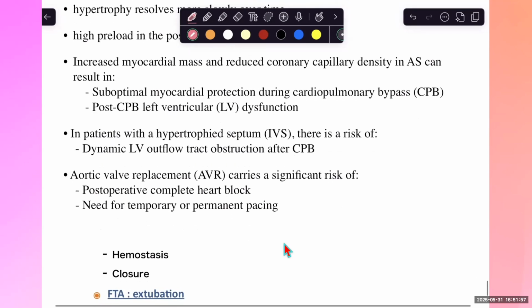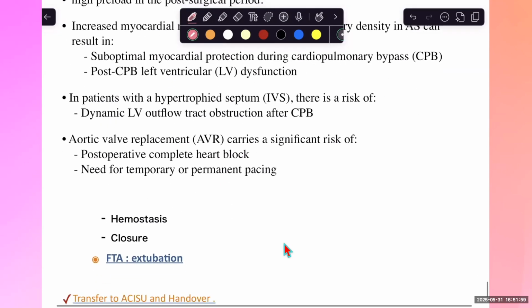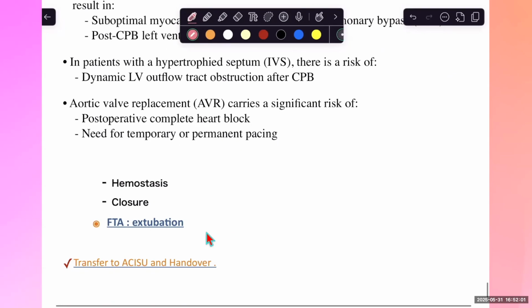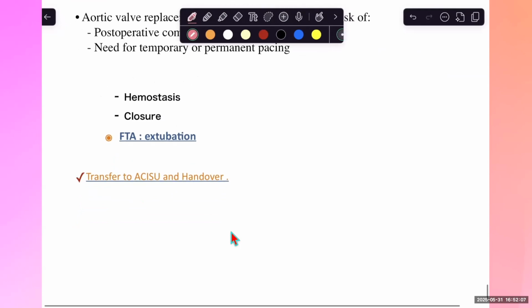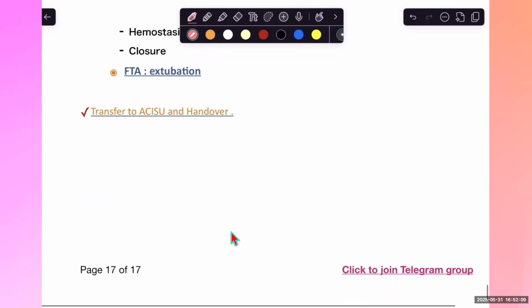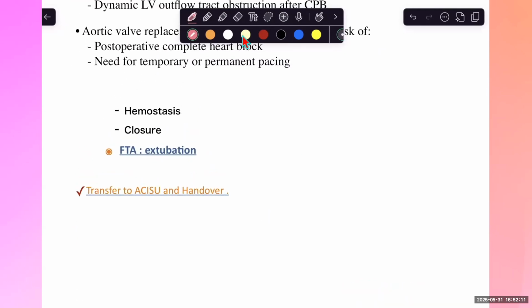After we finish hemostasis and closure, if the patient is eligible for fast track, he will be extubated. Otherwise, he will be transferred to the ICU and handed over to the ICU staff.